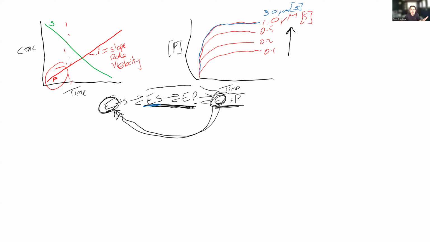Adding more substrate is not going to make it go any faster. So we've already reached our maximal rate.